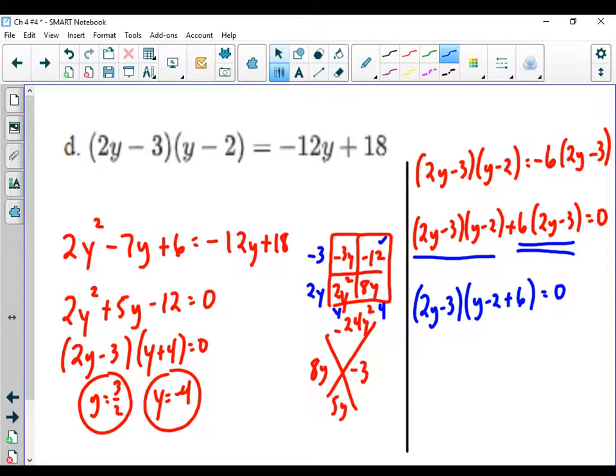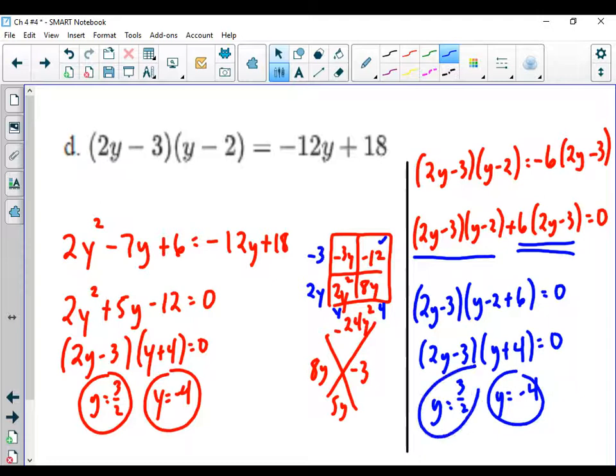And notice what we're left with: 2y minus 3 times y plus 4, which was the same thing we got when we factored it. And so we get the same solution. So maybe not a conventional way of attacking it, but just another way to think about that one that may or may not be a little bit faster.